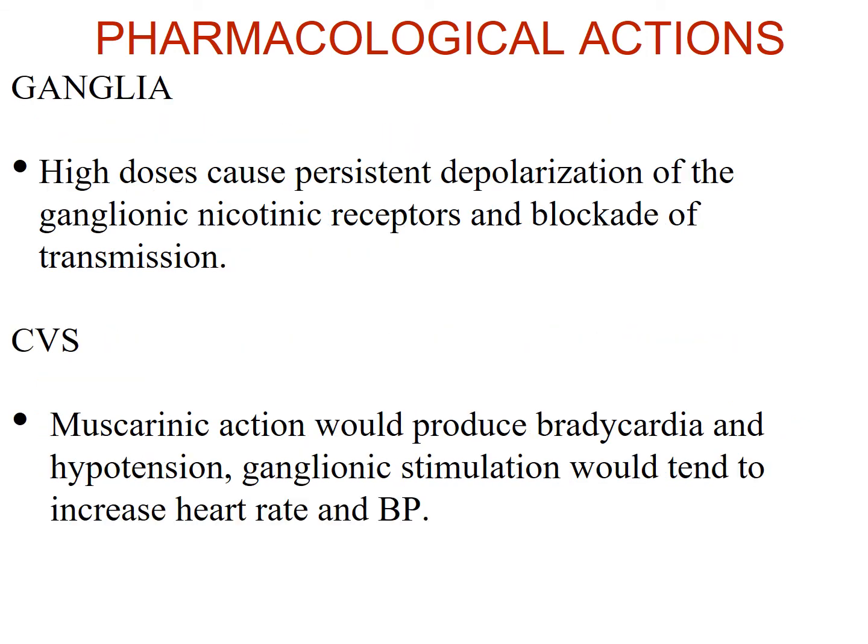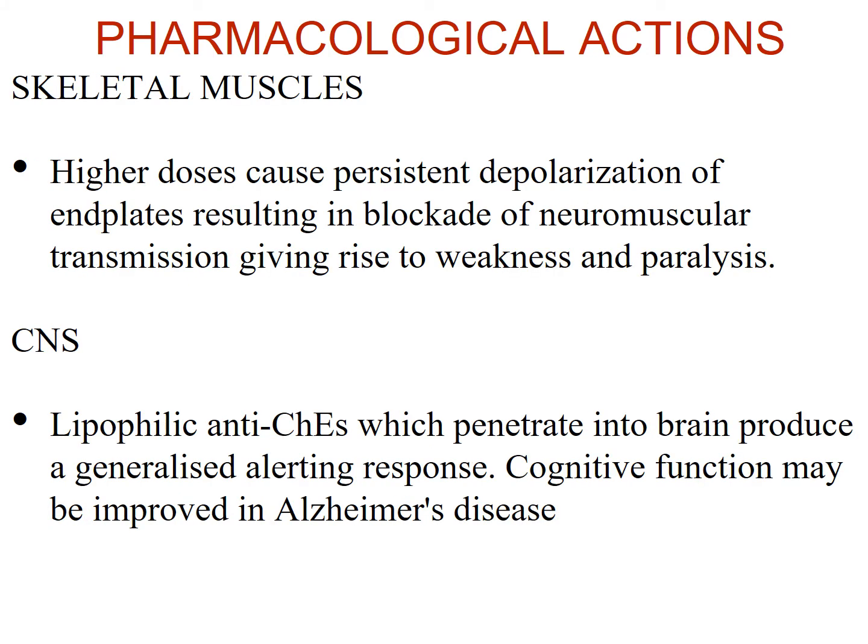On ganglia, the higher doses cause persistent depolarization of ganglionic nicotinic receptors and blockade of transmission, whereas in the cardiovascular system, the muscarinic action would produce bradycardia and hypotension, but the ganglionic stimulation would tend to increase the heart rate and blood pressure. In skeletal muscles, the higher doses cause persistent depolarization of the end plate, resulting in blockade of neuromuscular transmission and weakness and paralysis because of the persistent depolarization.